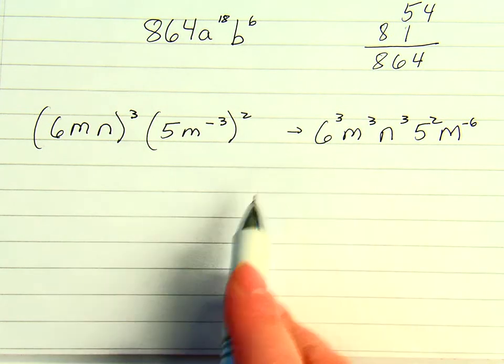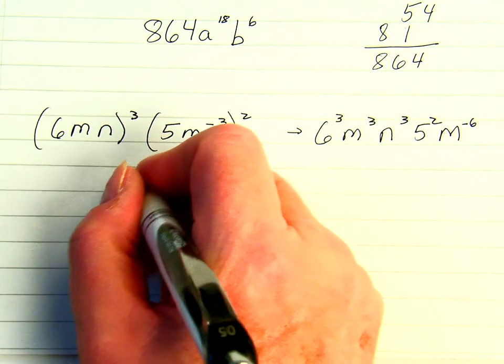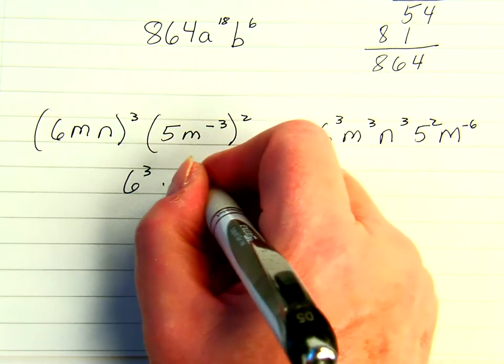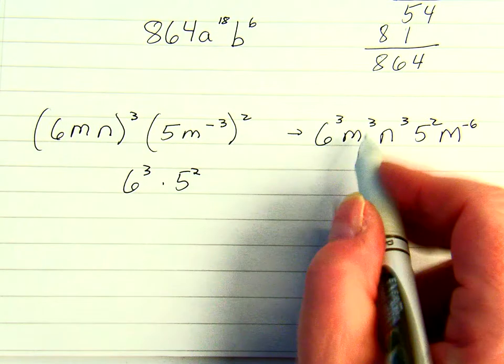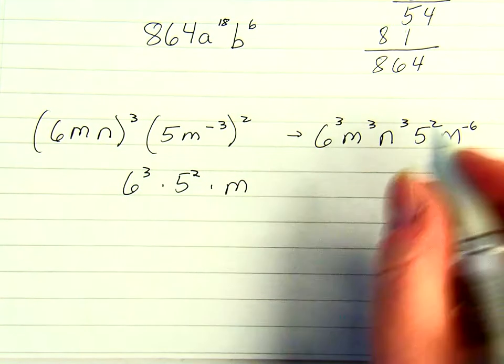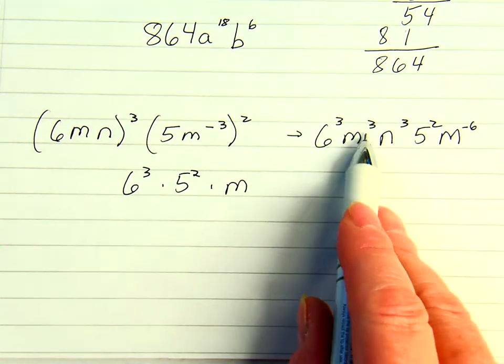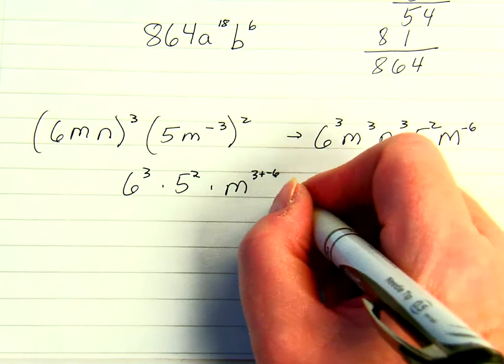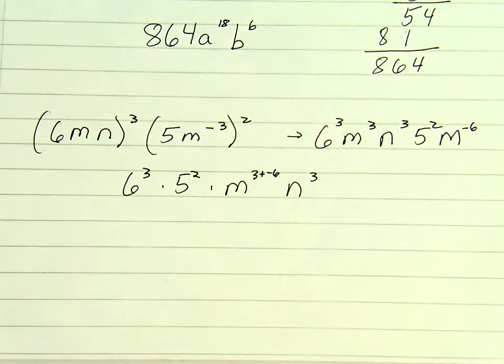So grouping these, I'm going to say 6 cubed times 5 squared, and then m, I'm combining 3 plus a negative 6, and then n cubed.